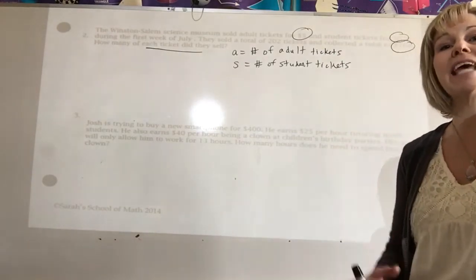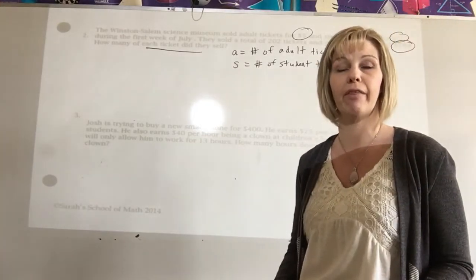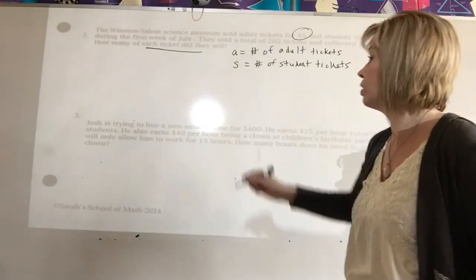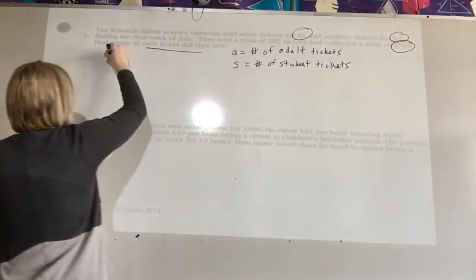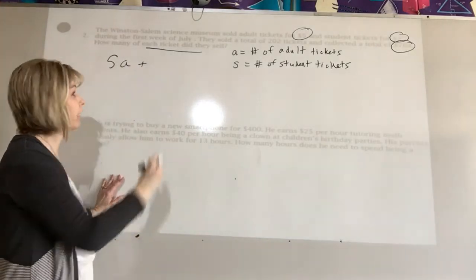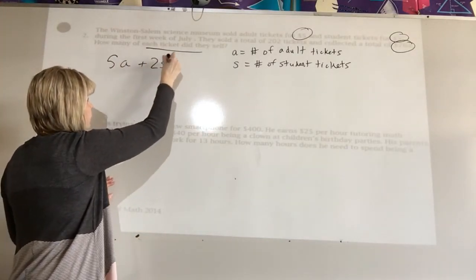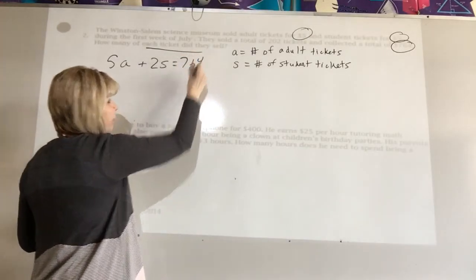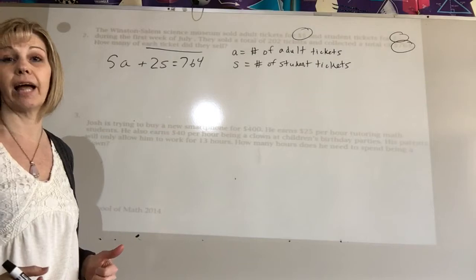All of the same type of information will go together in the same equation. So let's put one with money. We have $5 for each adult and $2 for each student, and a total of $764 was collected.